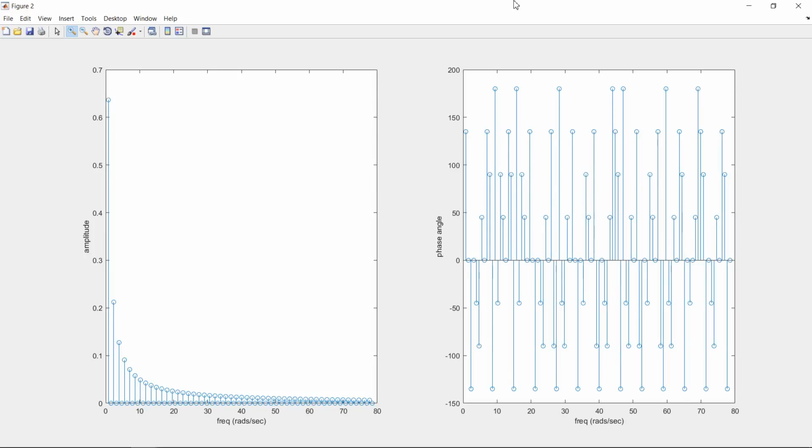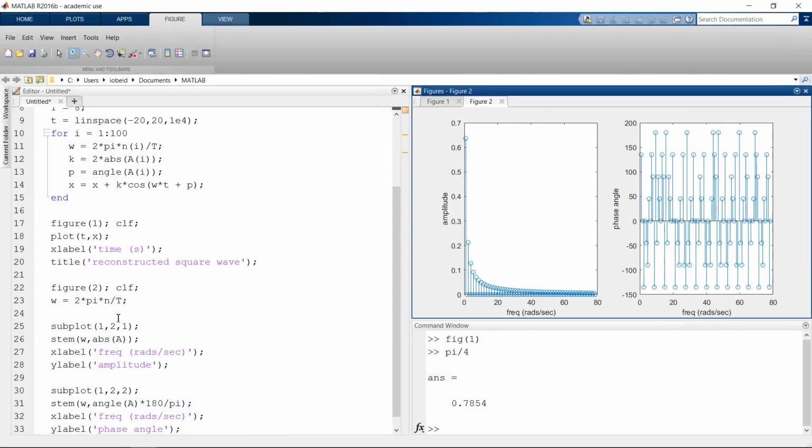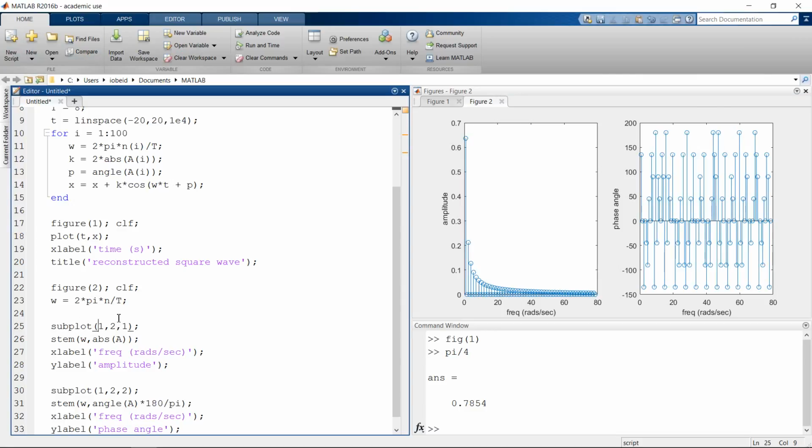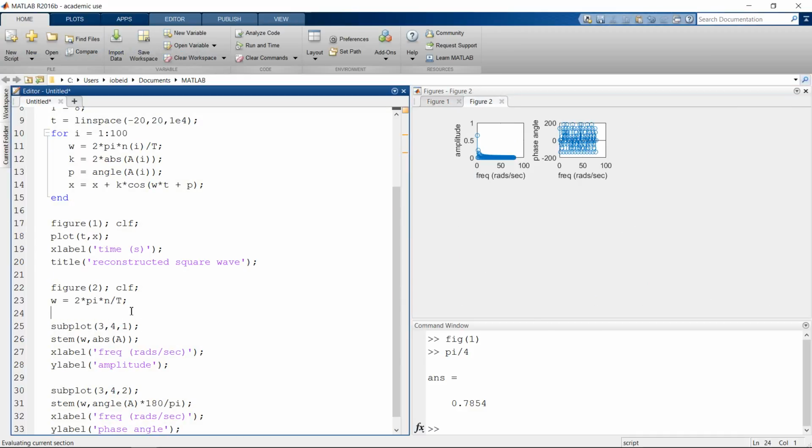This is how you can make a nice side-by-side plot. In reality, you can make any dimensions you want, right? You can do 3 rows by 4 columns, and at some point it'll get a little ridiculous, but it'll give you whatever you want. But I'm going to stick with 1 and 2 for now because that's what makes sense in this particular situation.